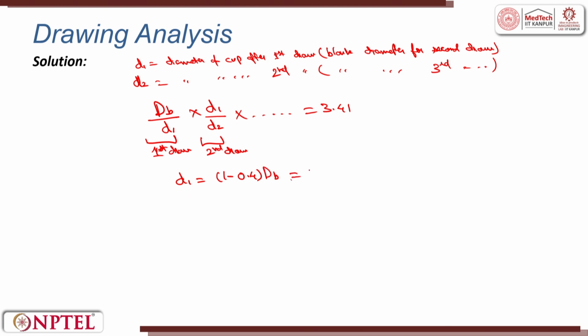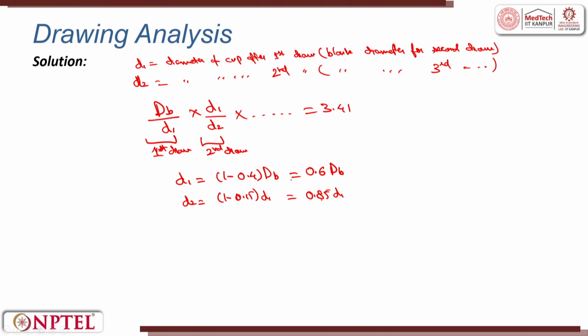This is equal to 0.6 of the original blank diameter. And in the subsequent draws it says it cannot be more than 15%, which means D2 is equal to 1 minus 0.15 into D1, that is 0.85 into D1.